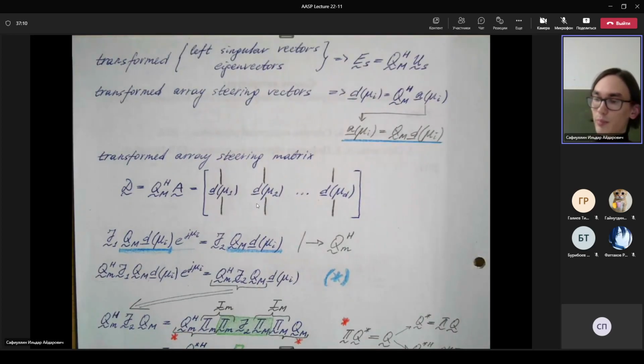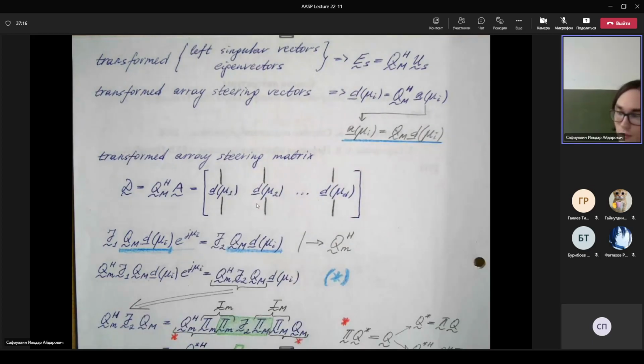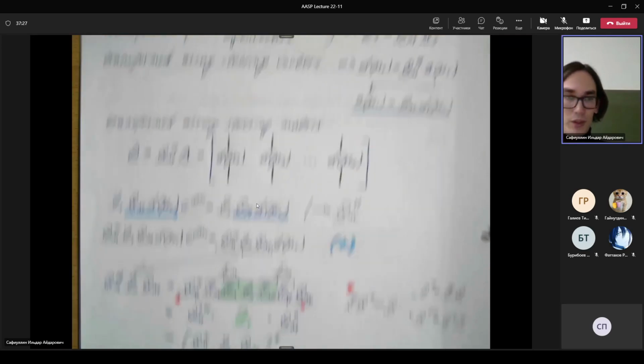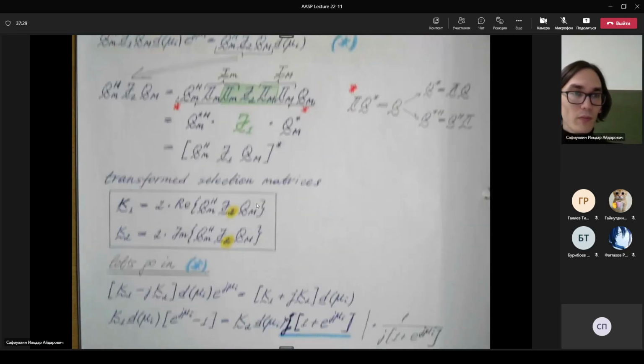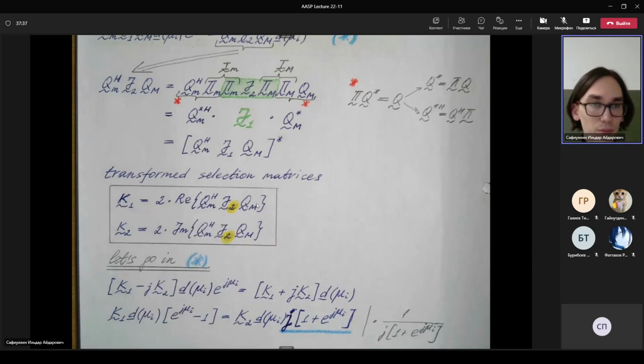We use a sparse left-real unitary matrix Q of size M, where M is the overall number of elements in our array. And here we introduce the transformed selection matrix, which is K. For this one, we only need selection matrix 2.